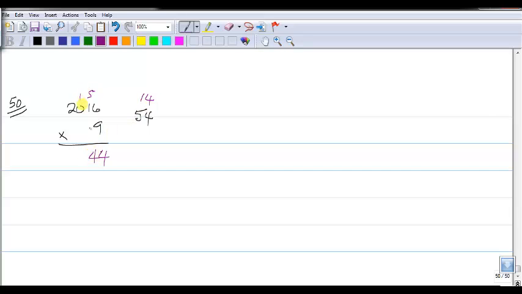Put down 4, carry 1. 9 times 0, 0. Carry back 1, and 9 twos, 18. So our answer for number 50 should be 18,144, which would be A. So our answer for number 50 is A.